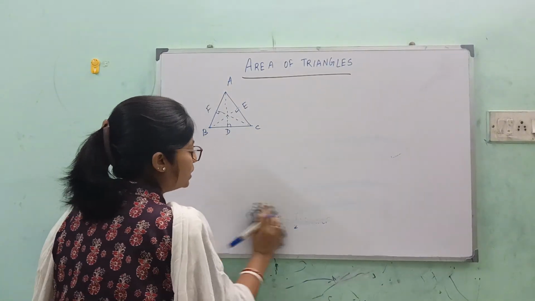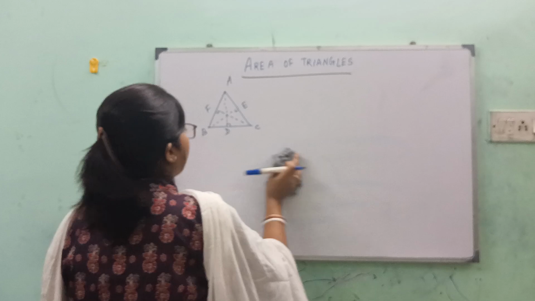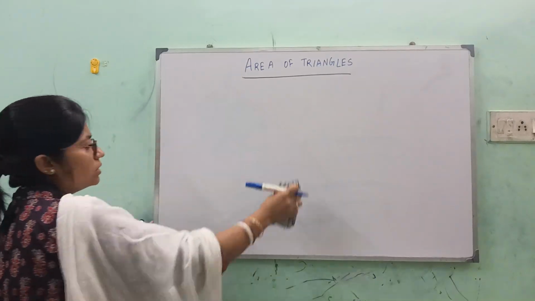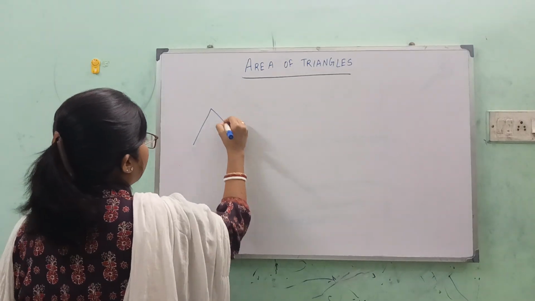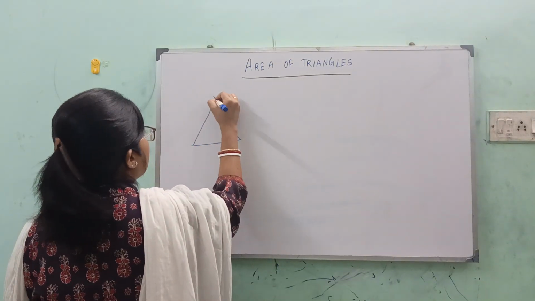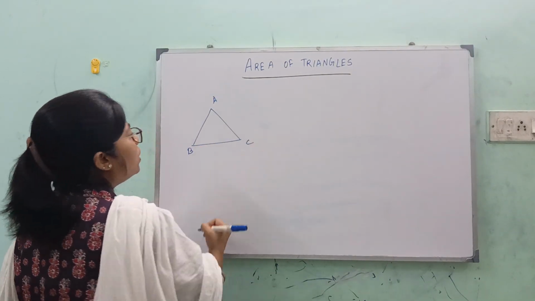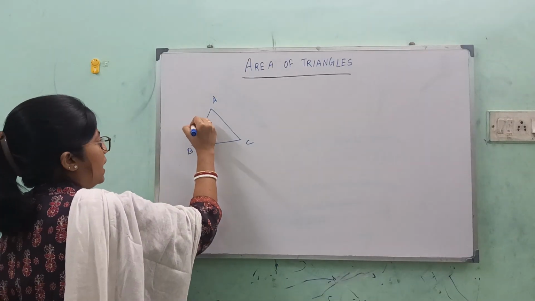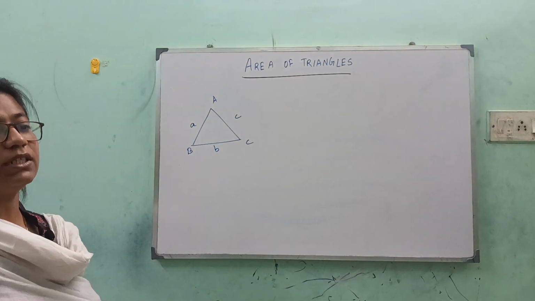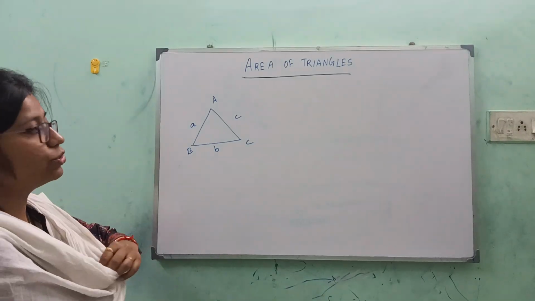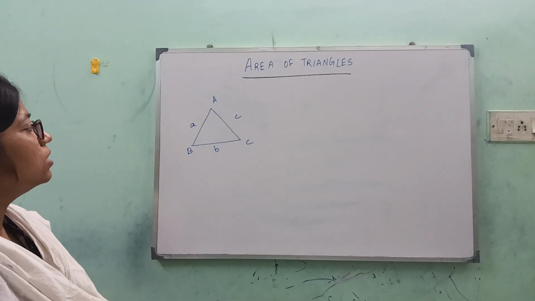Now, let us come to the area of a triangle whose base and altitude are not known. Rather, we know the three sides of it, say A, B, C. The lengths of three sides are known to us instead of knowing the base and the altitude.